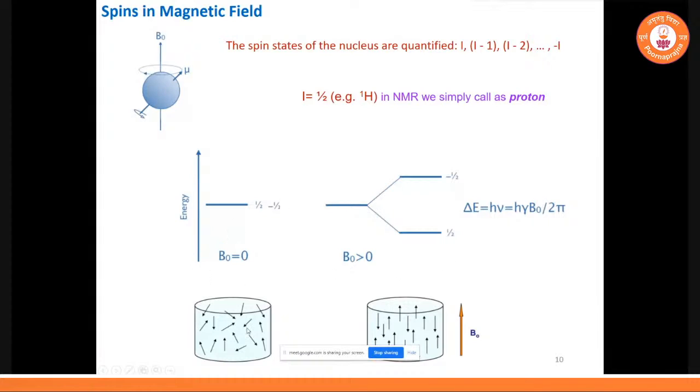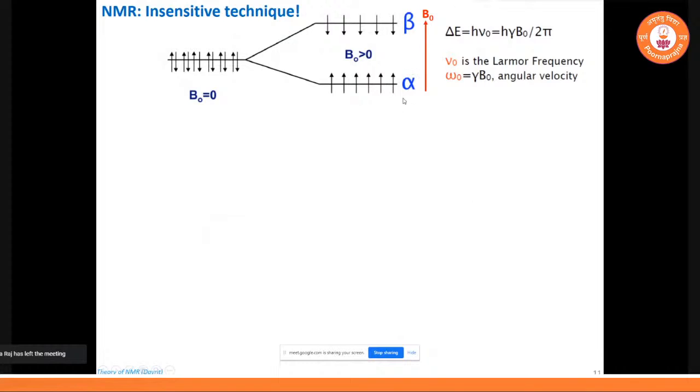The moment I put that sample in a magnetic field, there is a splitting of energy levels. This is characterized by this quantum mechanics rule, and this splitting is known as Zeeman splitting. According to the quantum mechanical energy level diagram, some nuclei orient with the field and some orient anti-parallel to the field.